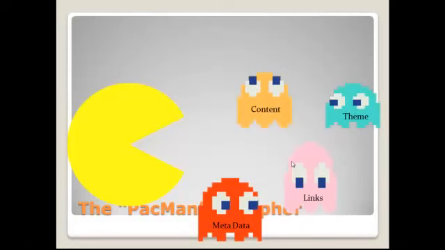So here's the Pac-Man, one of my old favorite games. And as you can see, Pac-Man is missing his eye, but what he's gobbling up is content, the theme, links, and metadata. And while individual metadata has historically had more weight, now it's more important for the users.